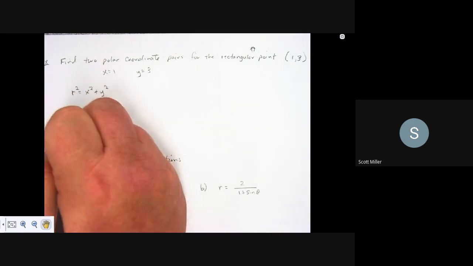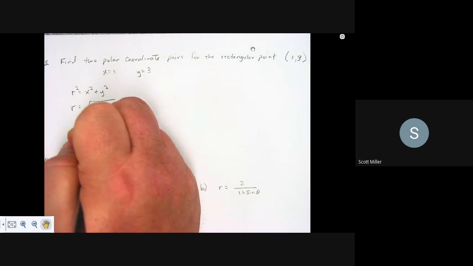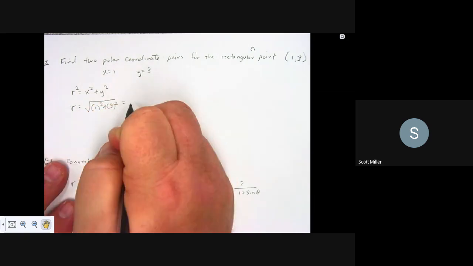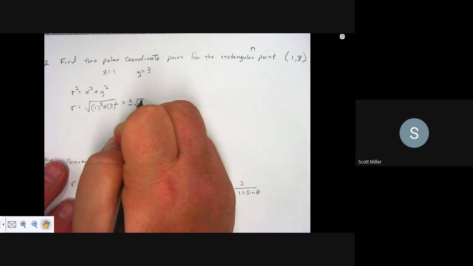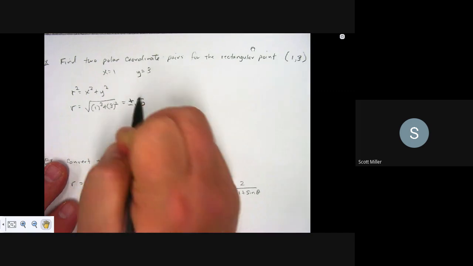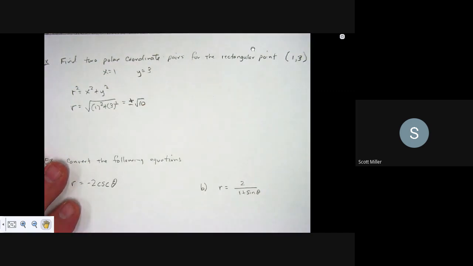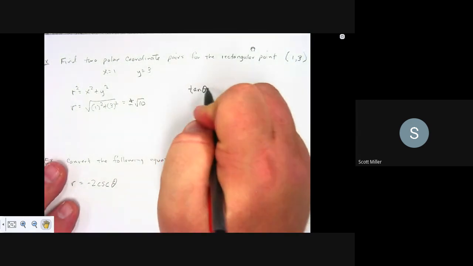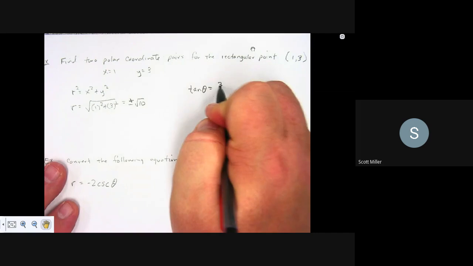So r is the square root of those. And so r is plus or minus the square root of 10. Okay, don't forget to put plus or minus on it. To find the angle, I can use the tangent of theta is y over x.